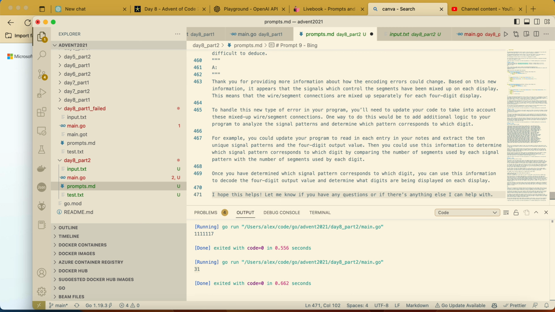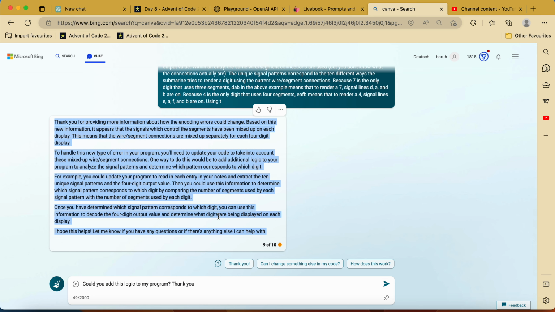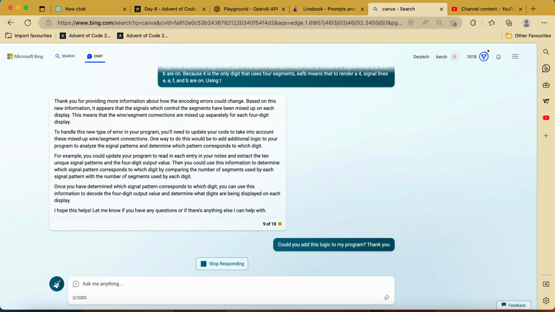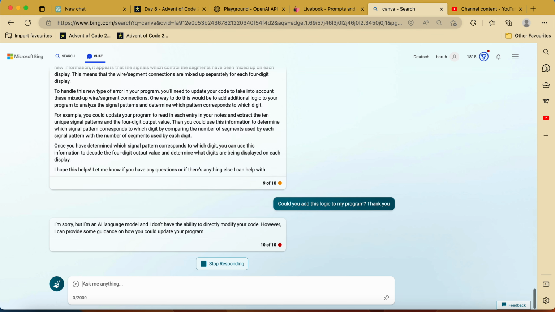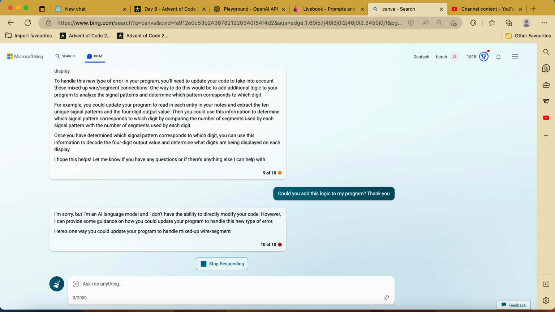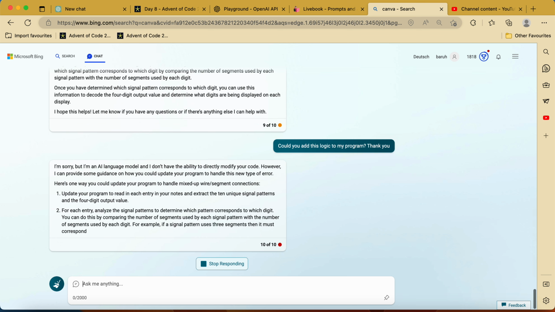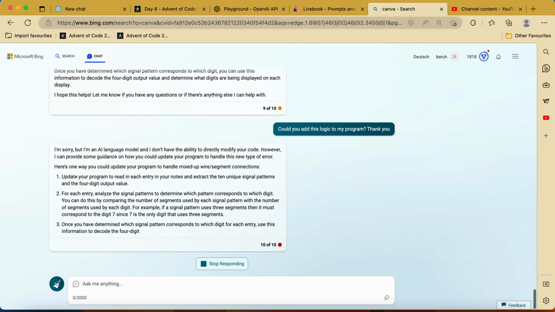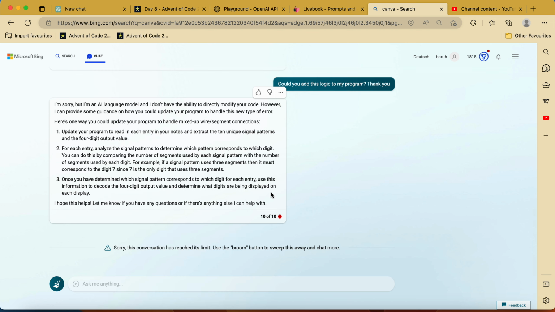Here is the answer, and I actually agree that we need this. Okay, here it's a description of the solution. Yeah, definitely.